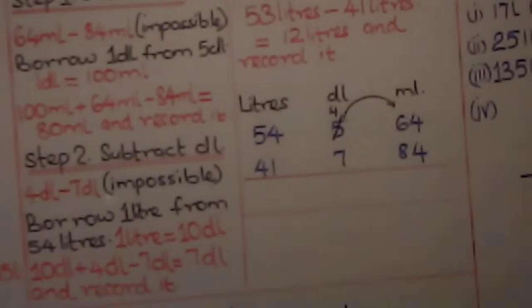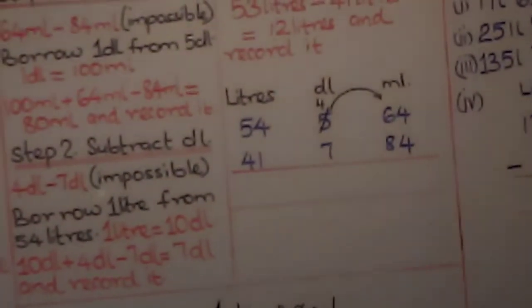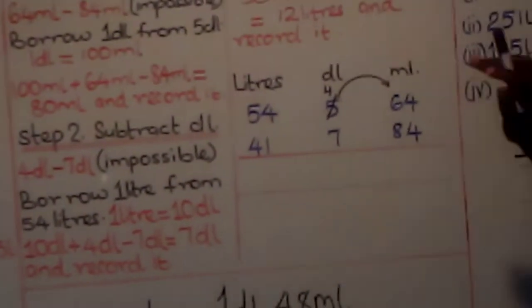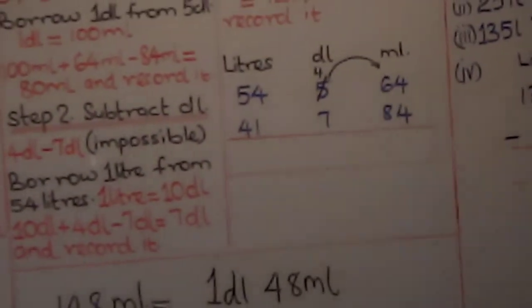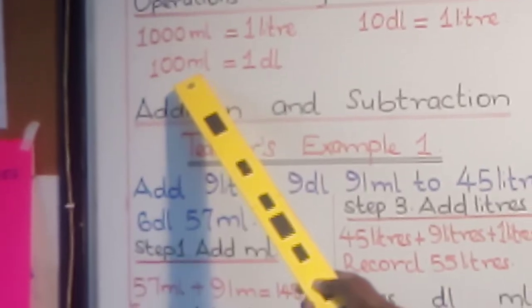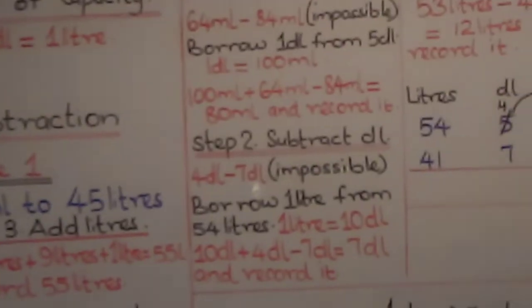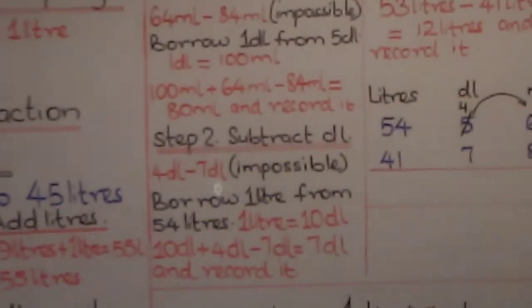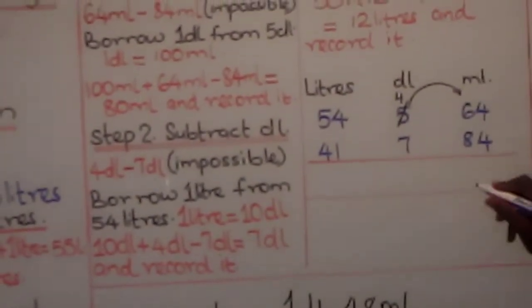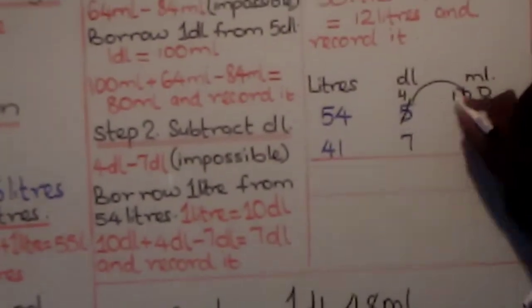So that one, we take it that side. It's 1 deciliter crossing over to the milliliters side. Remember, 100 milliliters make 1 deciliter. And so as this 1 deciliter crosses, it becomes 100. And so we literally add there 100.